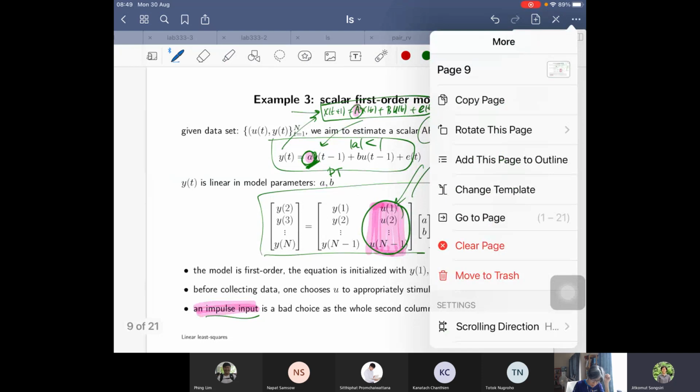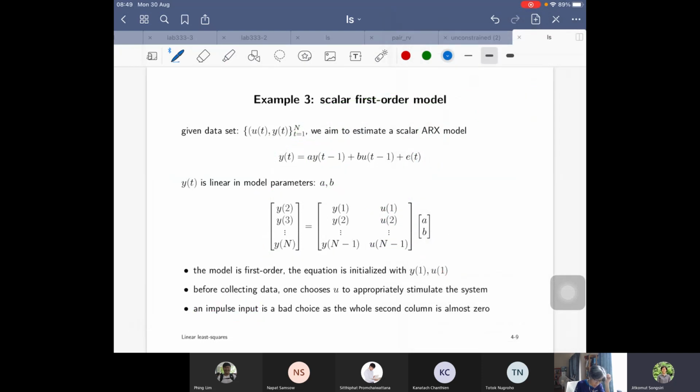You should be convinced that to get y hat, you just use the parameters estimated from the least squares and put them in the equation without the noise term.